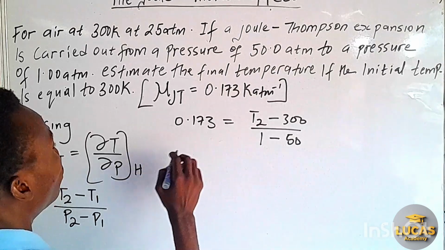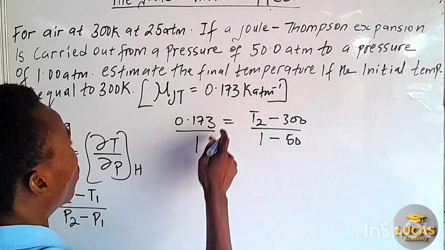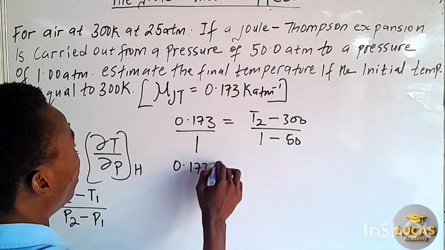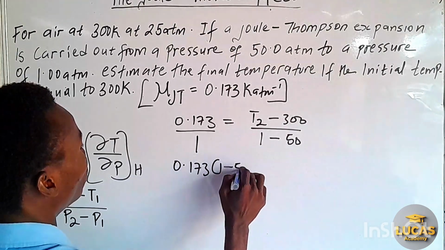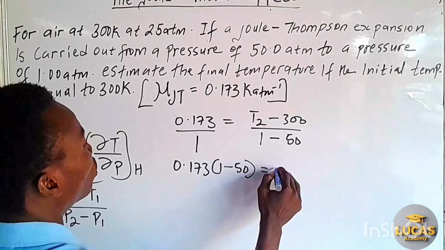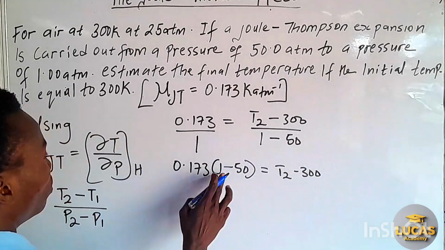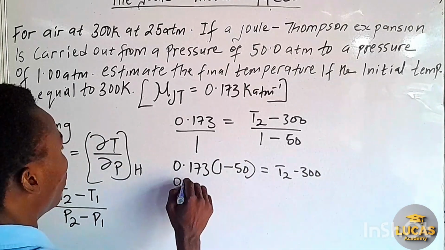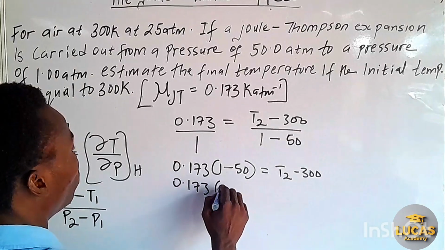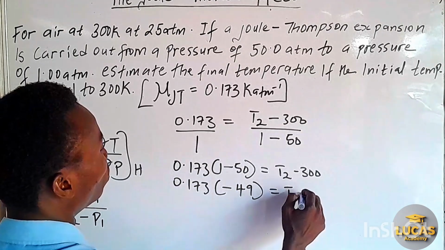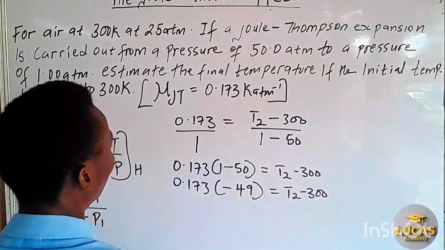We cross multiply, that will be 0.173 into bracket 1 minus 50 equals T2 minus 300. Now, 0.173 into brackets minus 49 equals T2 minus 300.